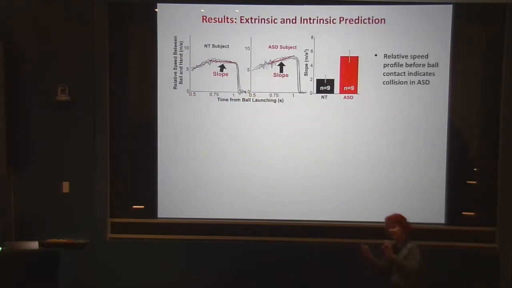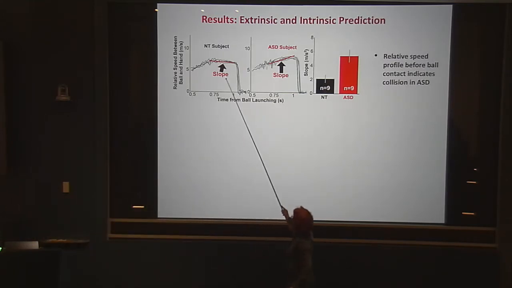Let's first just look at the hand and the ball. One measure of how the hand intercepts and approaches the ball is the distance between the ball and the hand prior to catch, and in fact the velocity, how that distance changes, which is the slope that you see over time prior to the moment of catch.